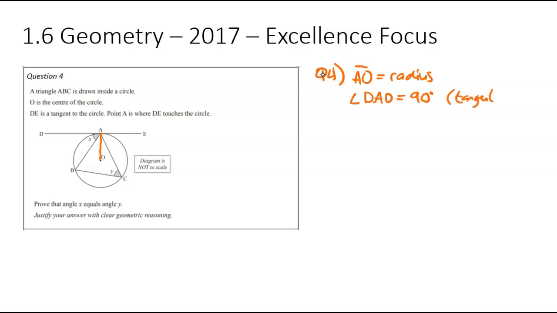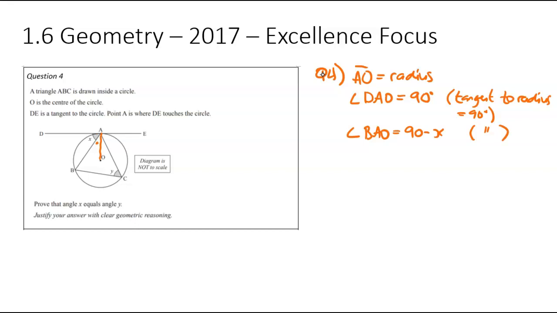So tangent to radius equals 90 degrees. From that, I'm going to form an expression for the angle sitting in the middle there. That's angle BAO, which is going to be equal to 90 degrees minus X, and that's the same reasoning as above. So that's our first step.